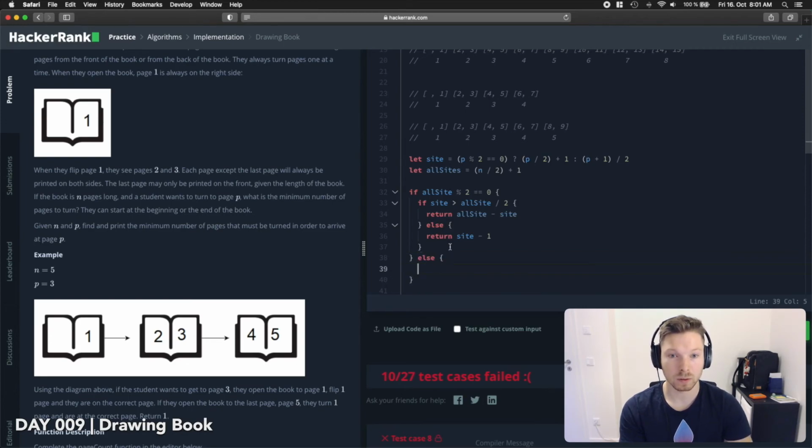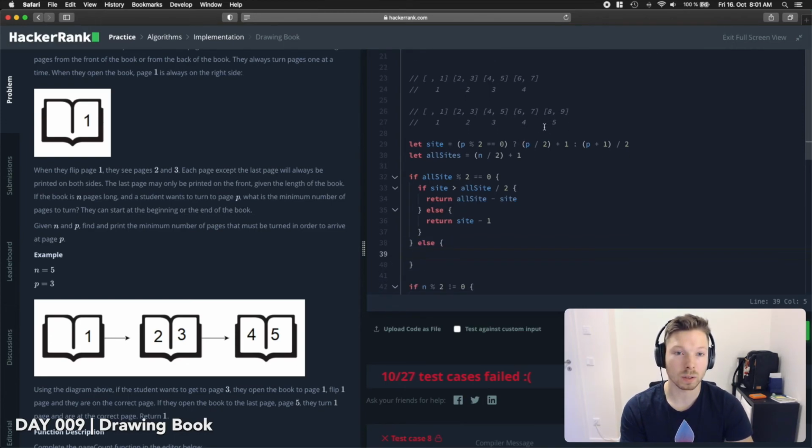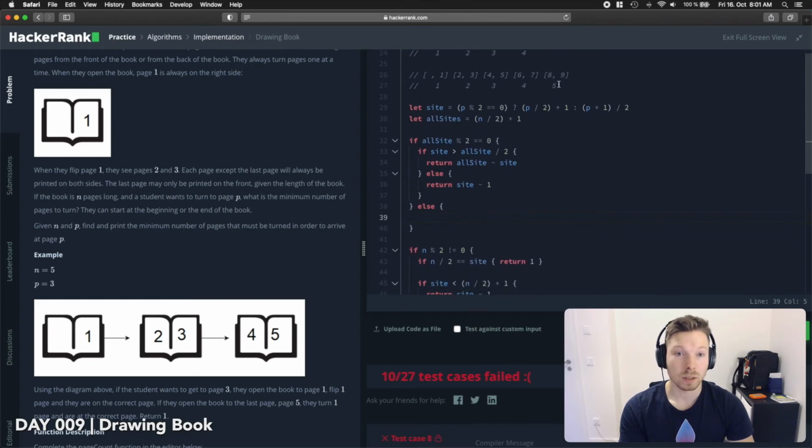And if it's uneven, like here, now we should have covered this one. Now let's cover the uneven. If it's uneven and we have, for example, side 3, we want to say if all side divided by 2 plus 1, that should be the middle, right? Equals side.